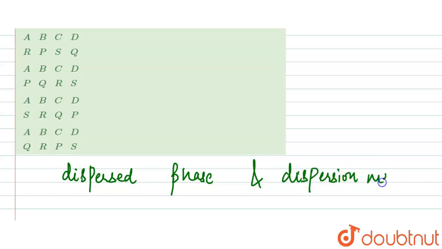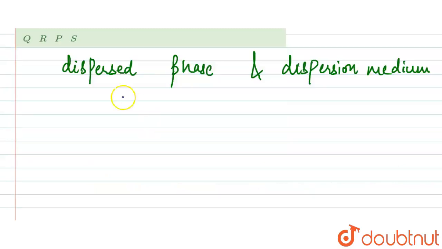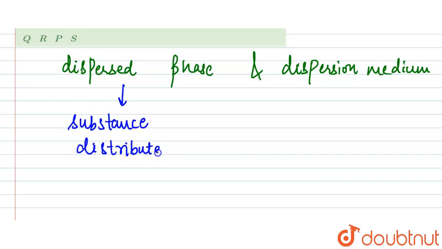If we talk about the dispersed phase, it is the substance which is distributed in the dispersion medium, and the dispersion medium is that in which the substance is dispersed.